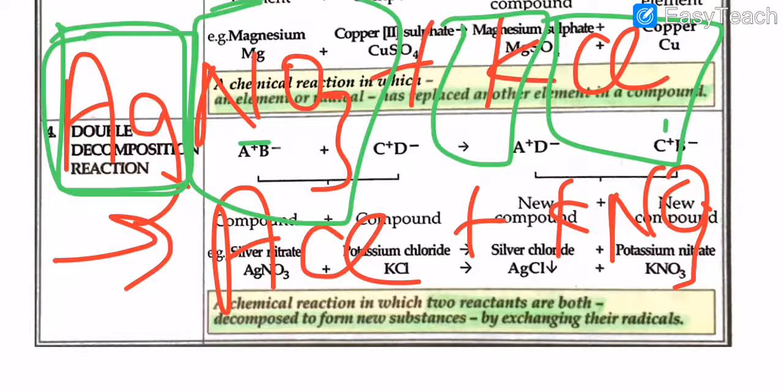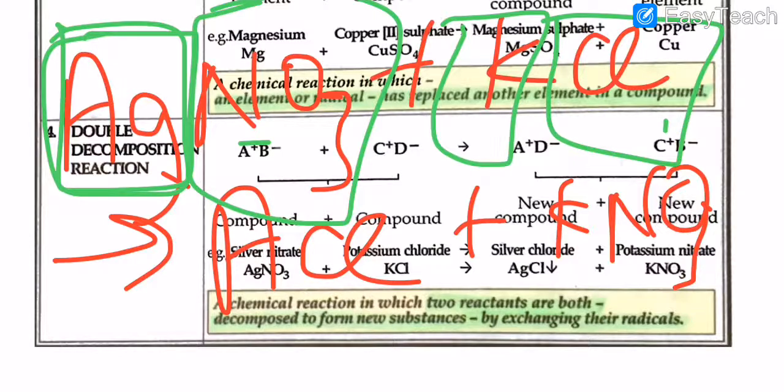Alright? So a chemical reaction in which 2 or more elements or compounds react to form one new compound is called direct combination reaction. Then a chemical reaction in which a chemical compound decomposes into 2 or more simpler substances, like thermal decomposition brought about by heat, or photochemical decomposition brought about by light, is called the decomposition reaction.